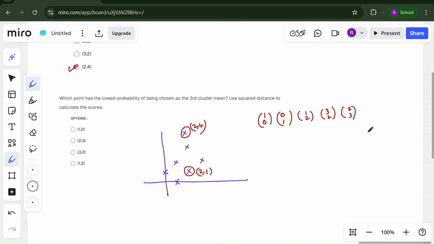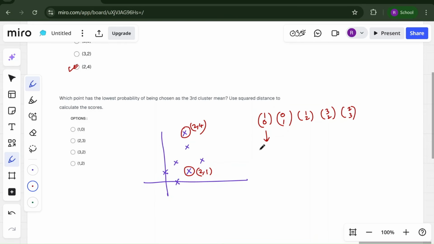Okay, so now they're asking which point has the lowest probability of being chosen as the third cluster mean. So what do you do for 1, 0? You have to compute the distance with 2, 1. You also have to compute the distance with 2, 4. What will those distances be?